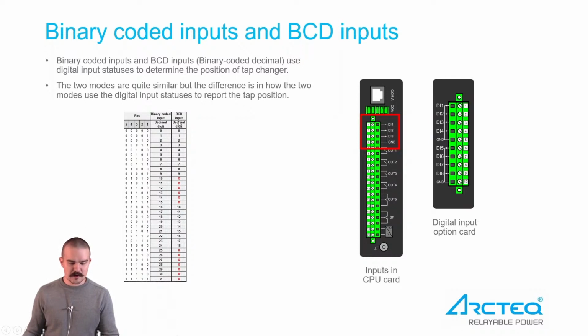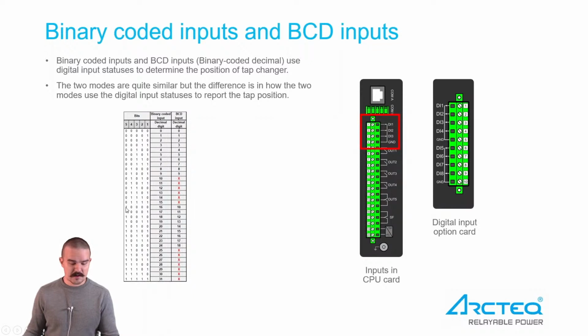But when you're looking at binary coded decimal inputs, you will see that when it reaches number 9, which is 1001, the next number 10 isn't actually 1010, but it goes to the next bit.